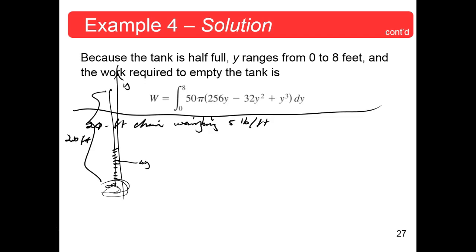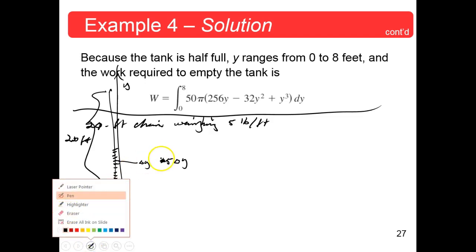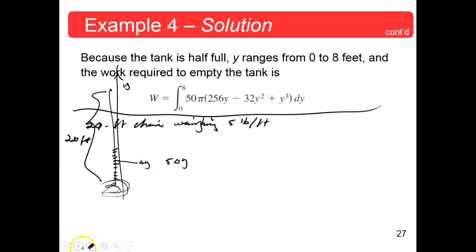Because the chain is 5 pounds per foot, if delta y is measured in feet, then 5 delta y would be the incremental weight. So let's call that our incremental force: 5 delta y, 5 pounds per foot and delta y feet.